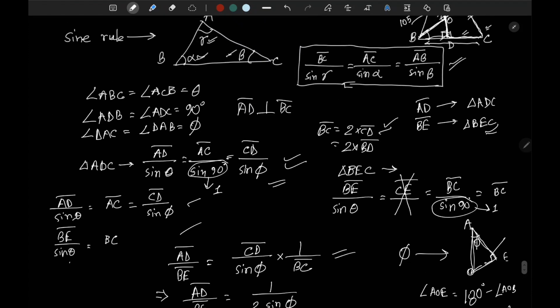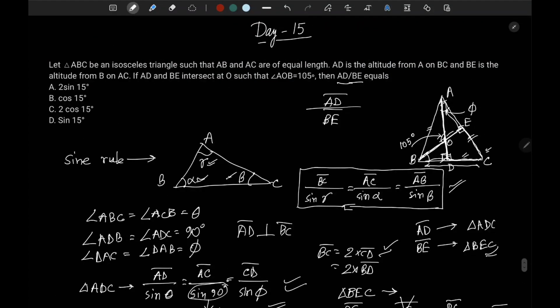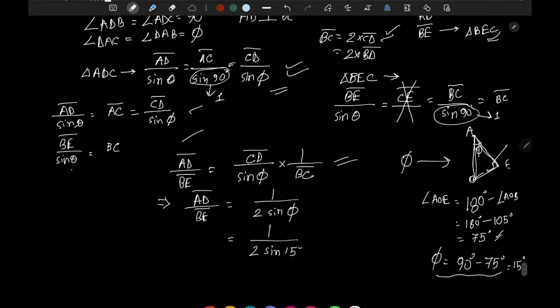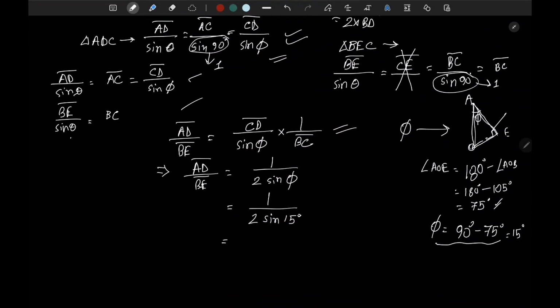Now look at the options. The options are not in 1 by form. It is in these forms. Sine, cos, sine we have, right? So let's see what we can do from this particular thing. We know a property, that is 2 sine theta cos theta is equal to sine 2 theta.